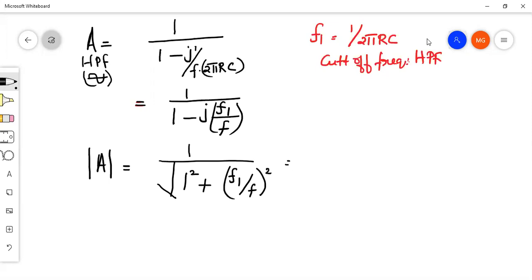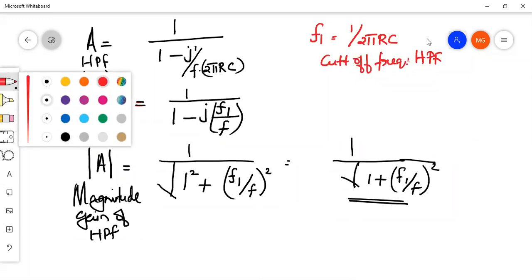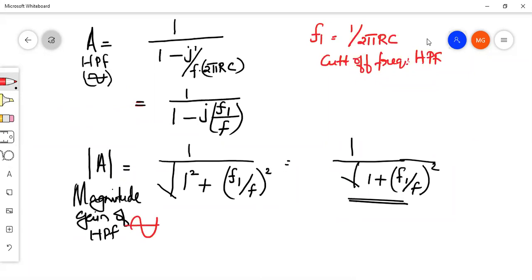So that will be simply 1 divided by root of 1 plus f1 by f the whole square. This is the magnitude or gain of the high pass filter if you give a sinusoidal input. Output is also sinusoidal, and we got this equation. This equation is very important, the gain of a system. Is this clear to you?